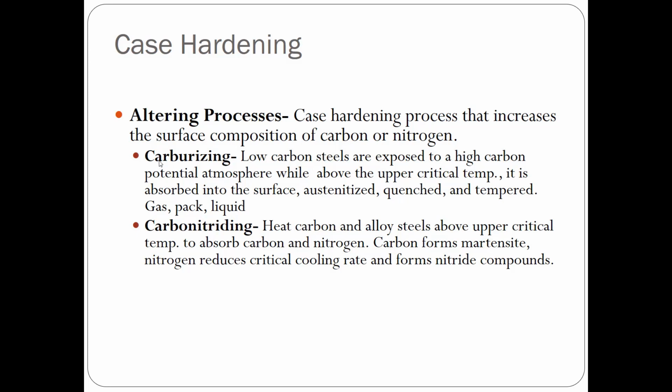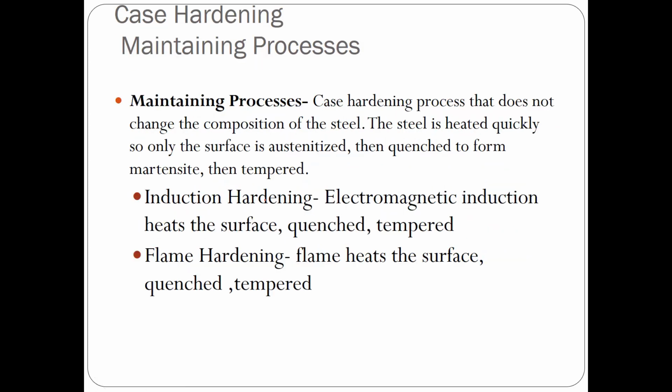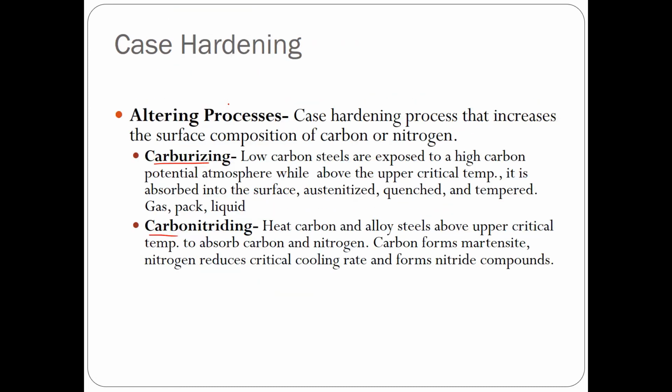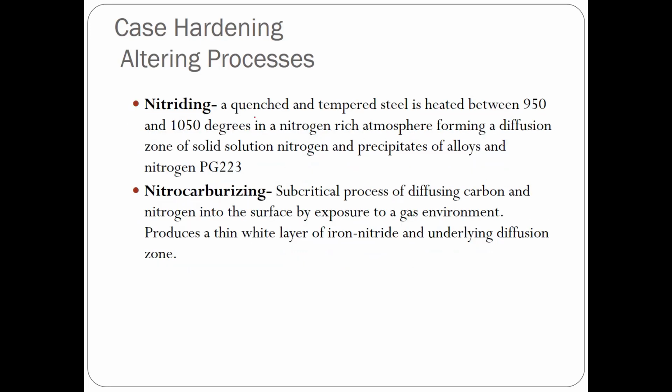The subcategories like carburizing, I won't ask about that. Just about maintaining and altering, maybe what is the difference between the two. I might have you list the two different types, something like that.